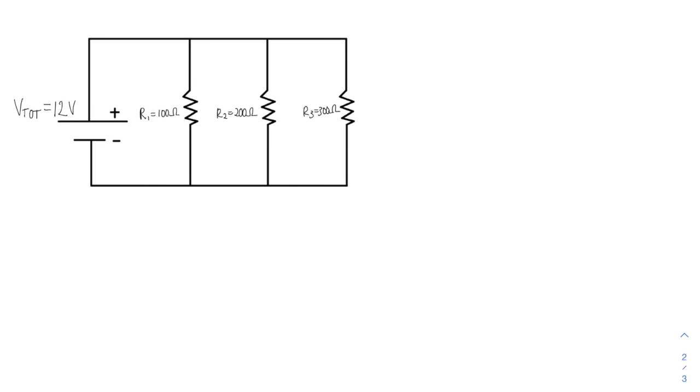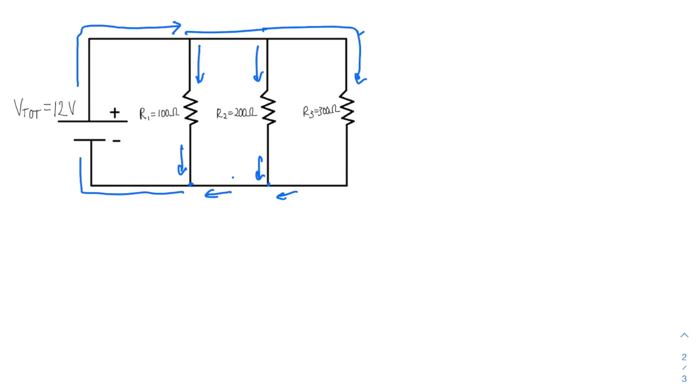What I have to do is recognize that the main feature of this circuit is that I have a current coming out of my source, and that current splits off, and then rejoins back here, after it's spent all of its voltage at the various components. So that's the main defining feature when you're looking at a circuit.